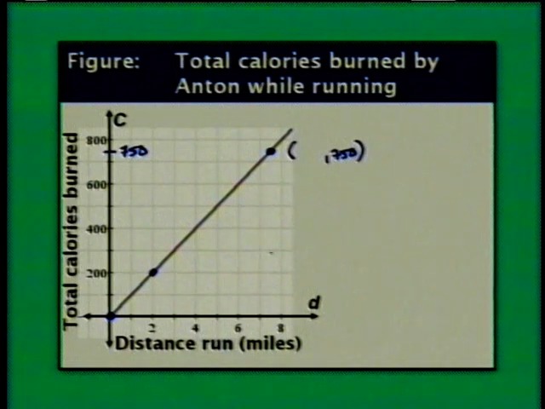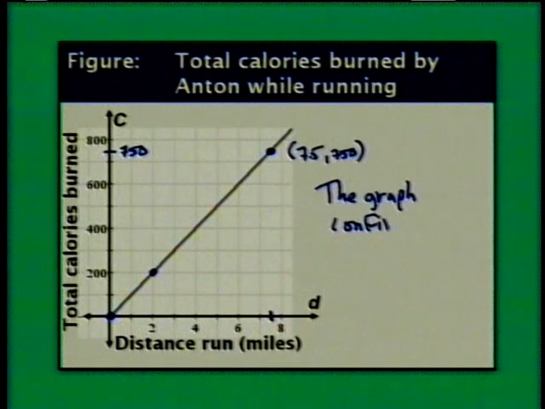If I read down to the horizontal axis, I can see that the number 7.5 looks like it should be the first coordinate, which is the distance Anton ran. So the graph confirms our solution.